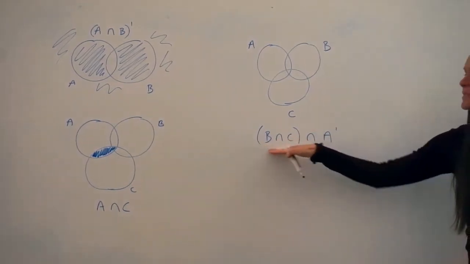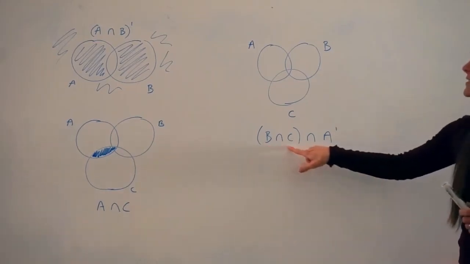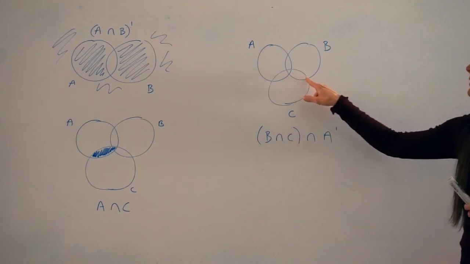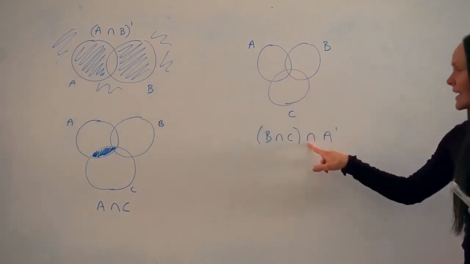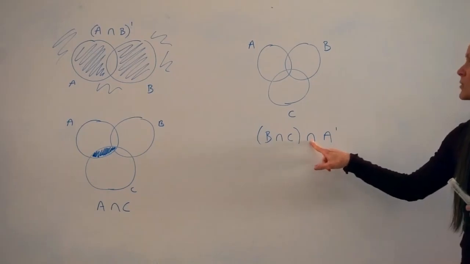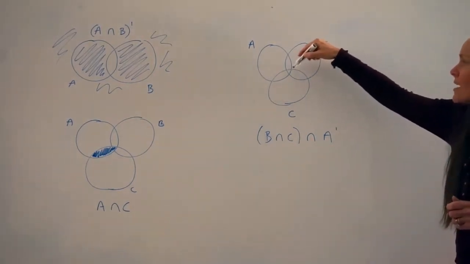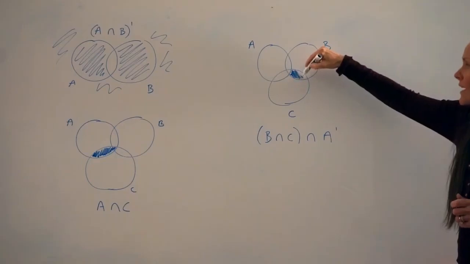So if we consider this part first, B intersection C. So the intersection of B and C would be the overlap of circle B and C, so this part. But remember, this is intersection and it cannot be in A at the same time. So you're considering the overlap of B and C, but instead of shading all of it, you cannot shade the part that overlaps with set A. So it's just this part here.